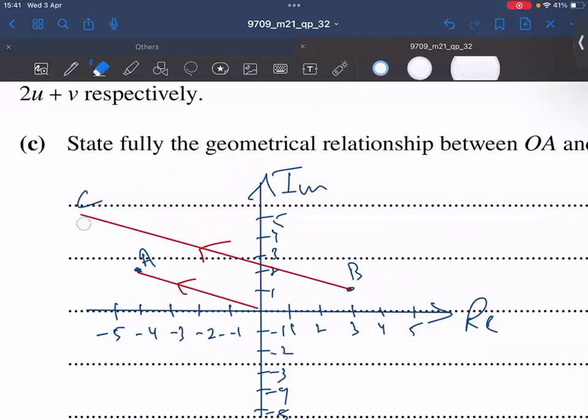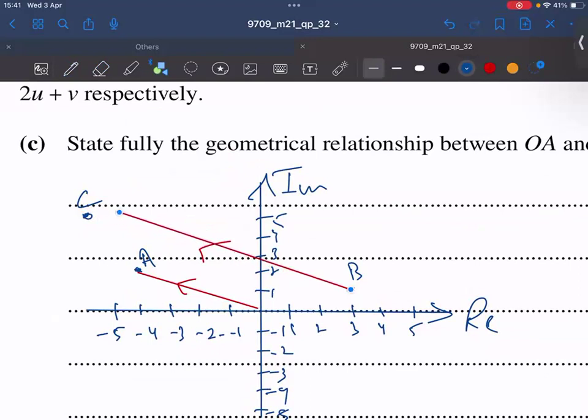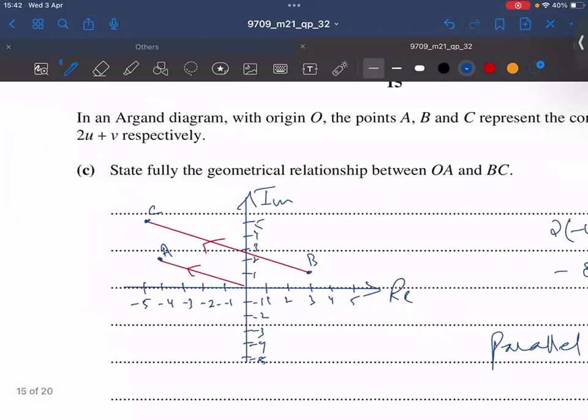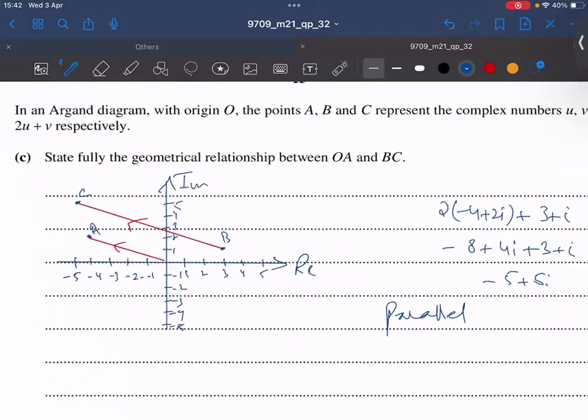Point C is going to be somewhat over here. Not over here, it's going to be over here. So parallel, and BC is equivalent to 2 times OA.